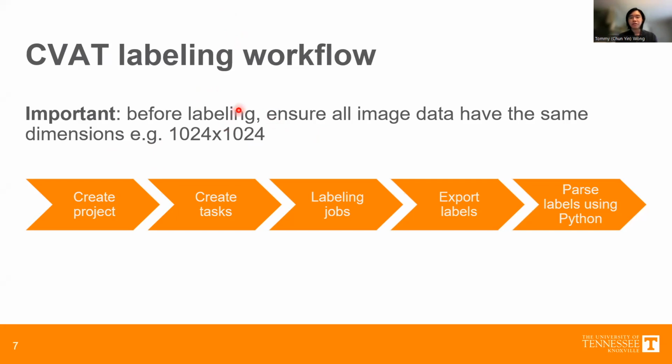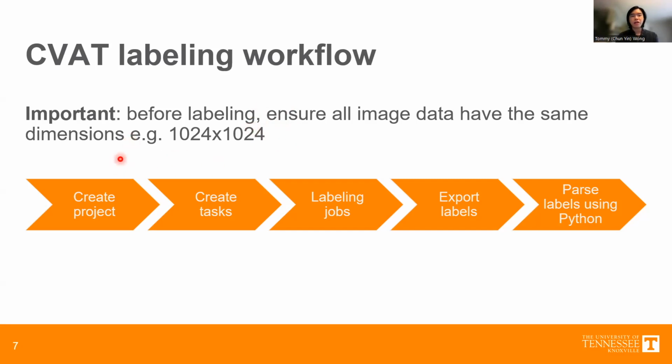So for example, 1024 by 1024 is a typical size. They're typically square. It just tends to work better if your images are square when it comes to training deep convolutional neural networks.